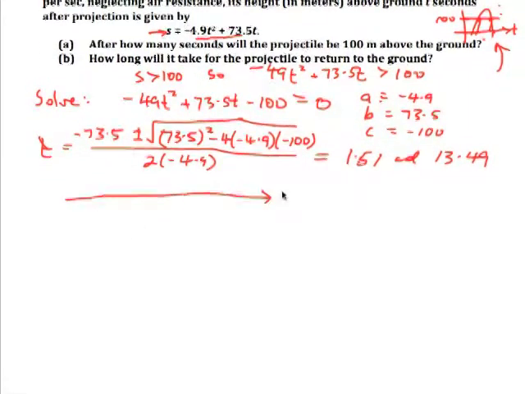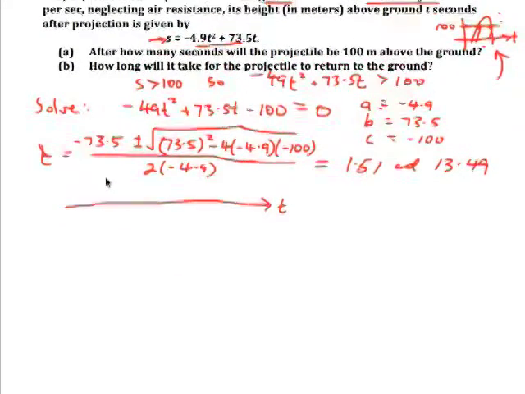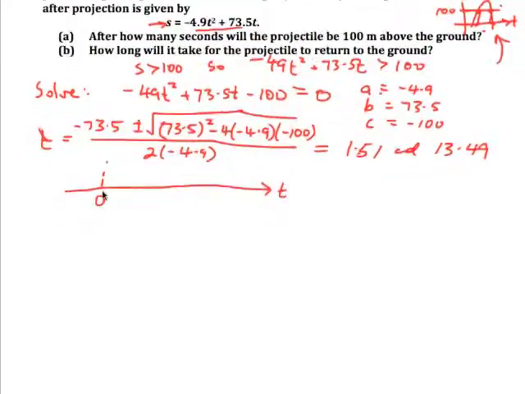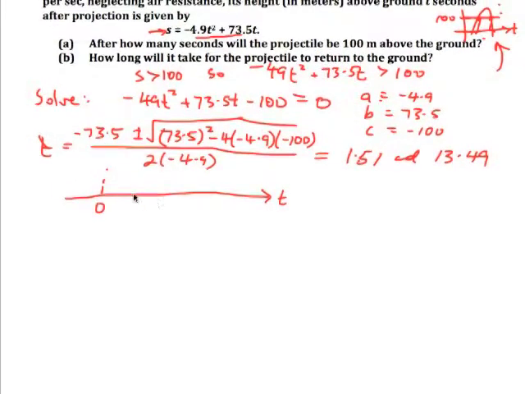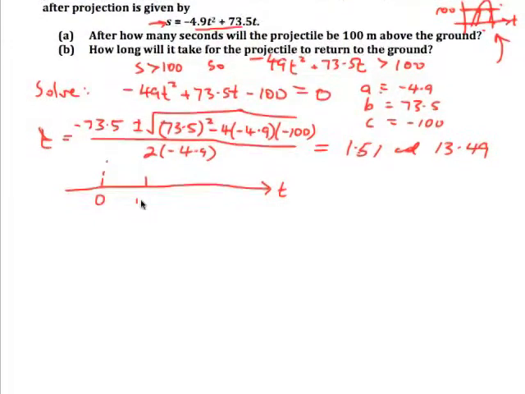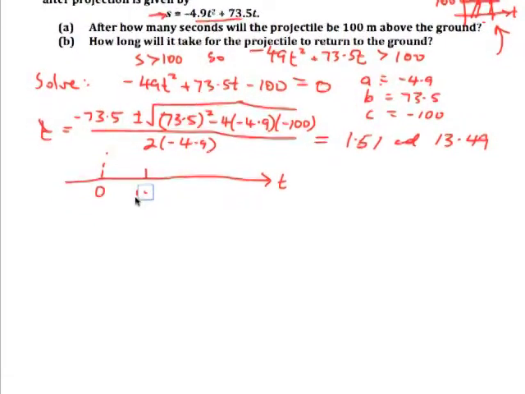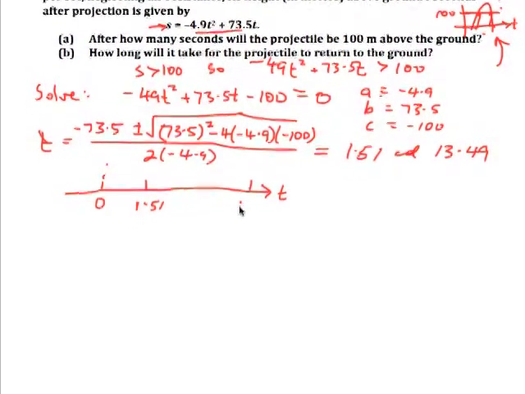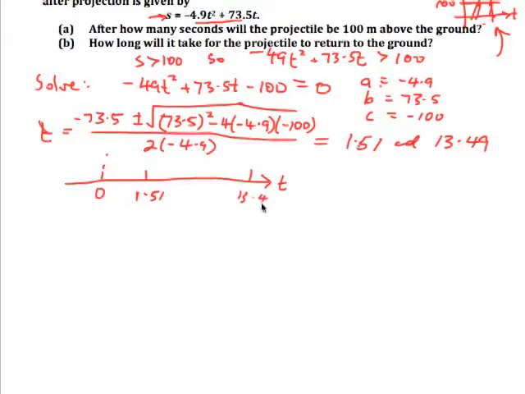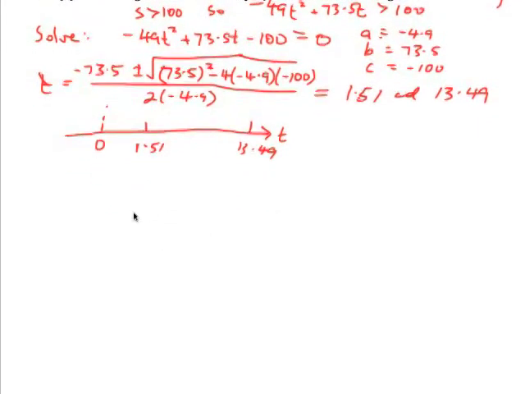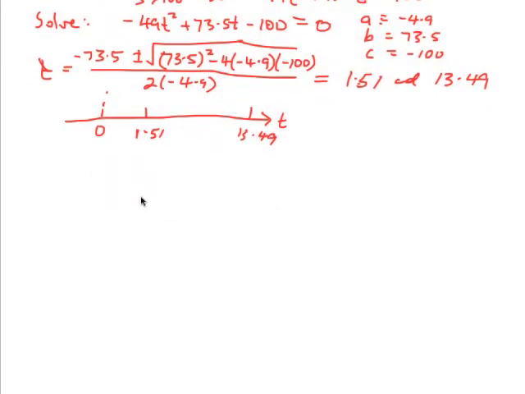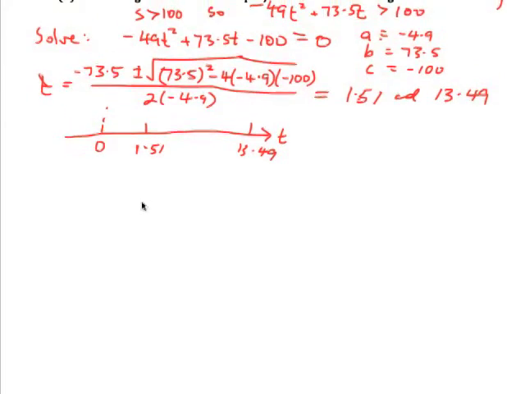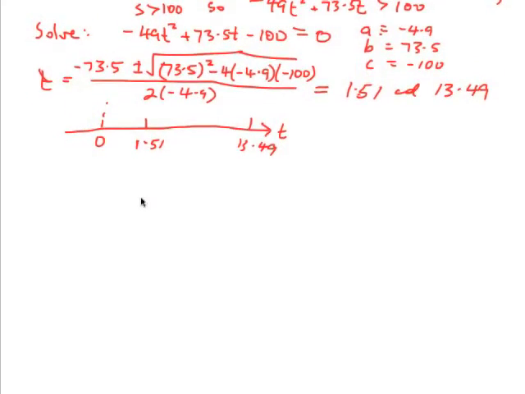If you do a number line for t, right here's 0, of course t equals 0 is where it starts. We don't have any negatives. So say 1.51, and let's suppose up here is 13.49. Let's see whereabouts this is going to occur.